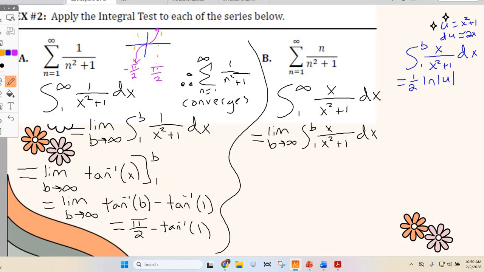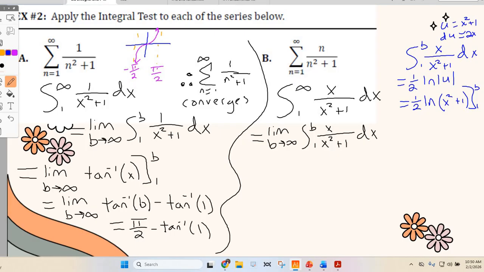Again, this is side work, so I don't have to be super specific about my notation here. So I'm plugging my u back in, which was our x squared plus 1, and we are evaluating from 1 to b. I dropped my absolute values. Why did I do that? Yeah, because I have an x squared, and then I'm adding 1, so they can't ever be negative.